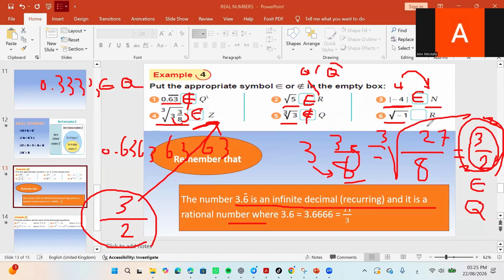Does it belong? No, it does not belong. Why? Because negative 1 is negative, and under a square root, it doesn't belong to any sets we studied, because we will study it in secondary, inshallah. Okay?